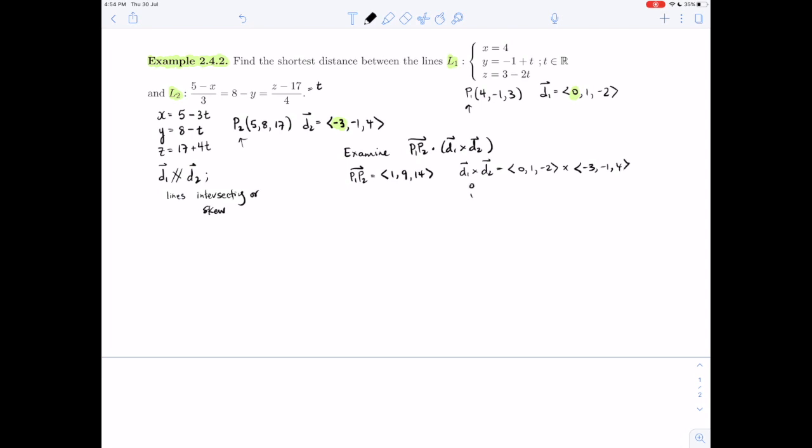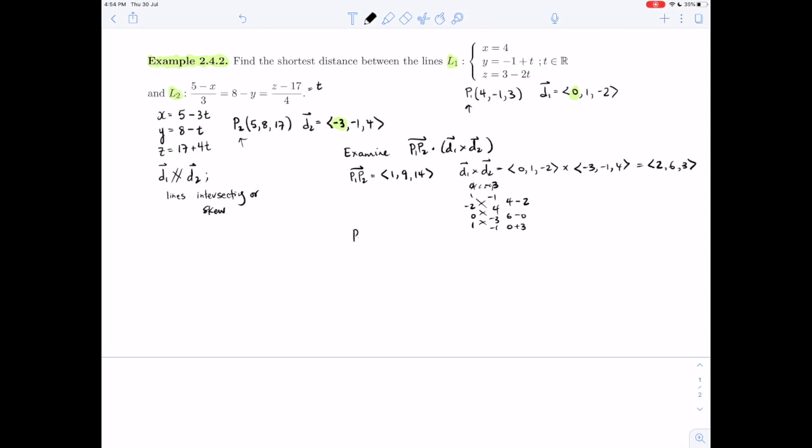So a little bit of recopying here. And what do we get? We get 4 minus 2, so that is 2. And then 6 minus 0, so 6. And then 0 minus minus 3, so 0 plus 3, which is 3.